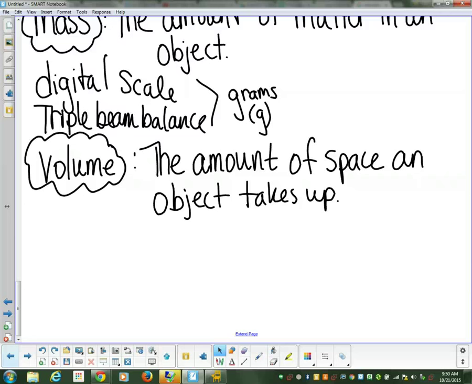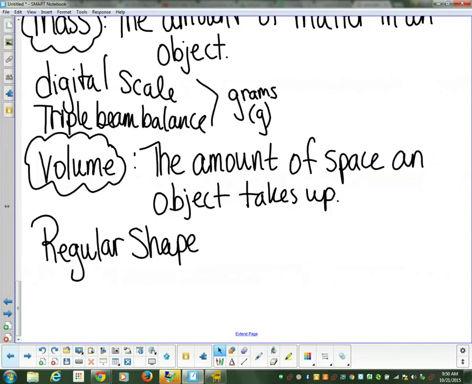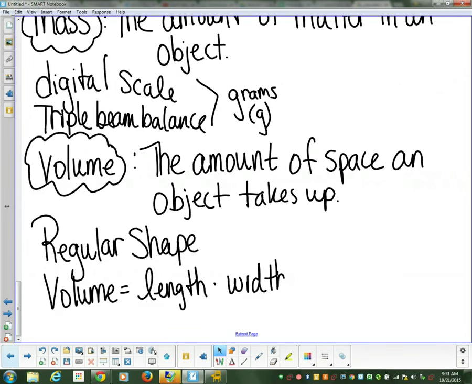So whenever we have a regular shape, we are going to use the formula of volume equals length times width times height.